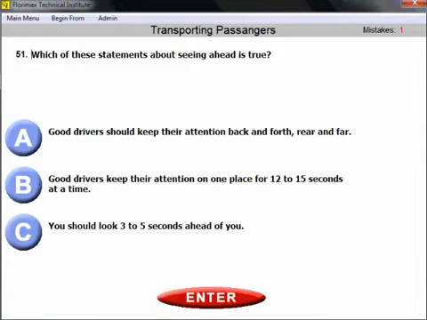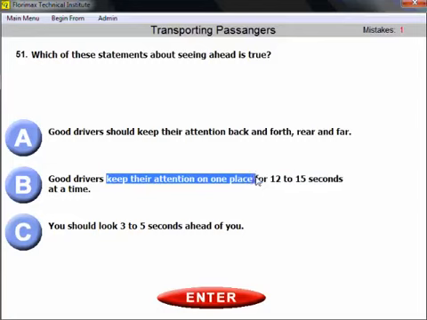Question number 51. Which of these statements about seeing ahead is true? Again, be very careful. Read all of the choices, because you are given some choices which might look, well, like correct, 12 to 15 seconds. But read it. Keep the attention on one place. No, that's wrong. 12 to 15 seconds, that's how far you should look. But not keep your attention on one place.